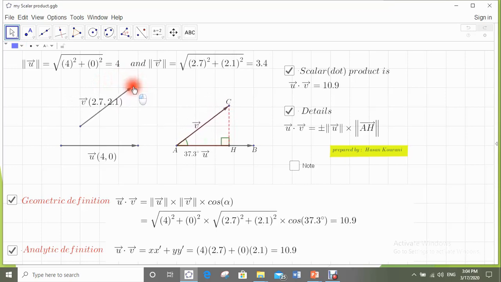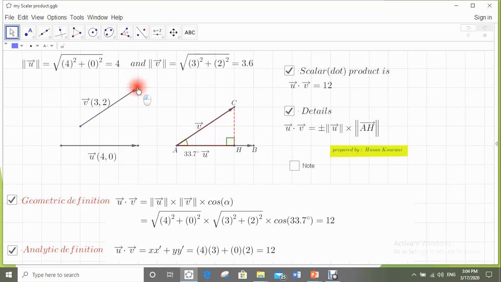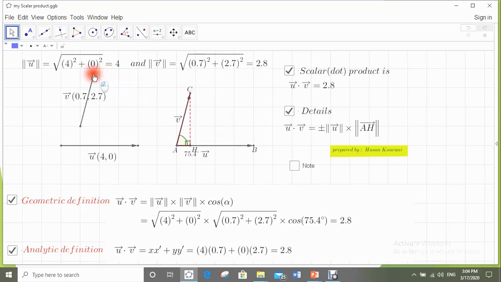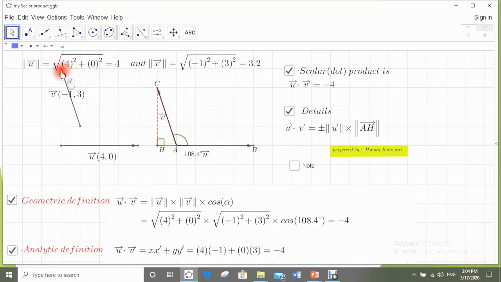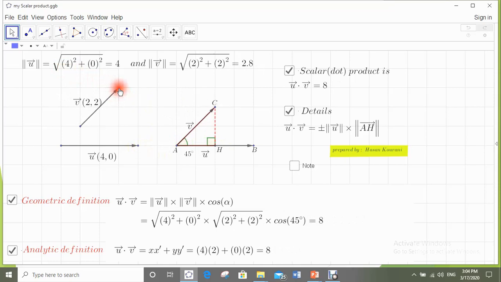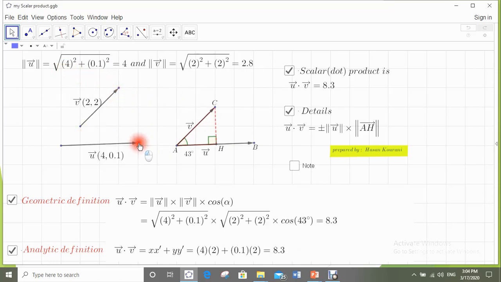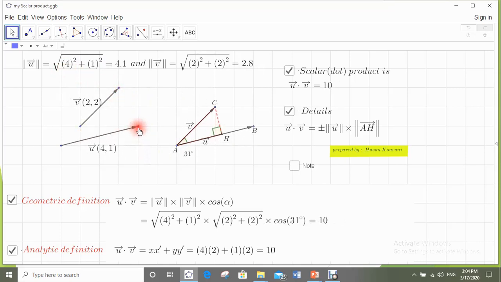It changes with a change of position of AC. Even if we take AC to the other side, we still have the orthogonal projection of AC on this line horizontally. We get AH. And even if we change AB also, H is still the orthogonal projection of C on AB, and thus the orthogonal projection of AC is AH.